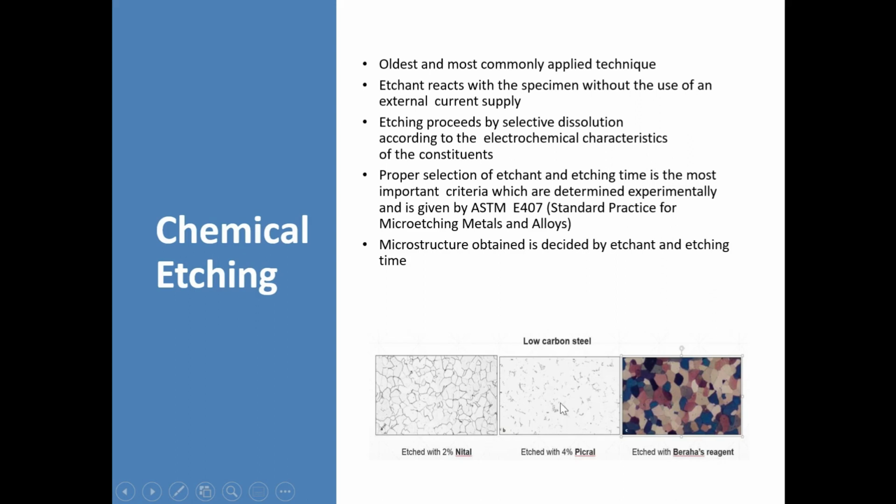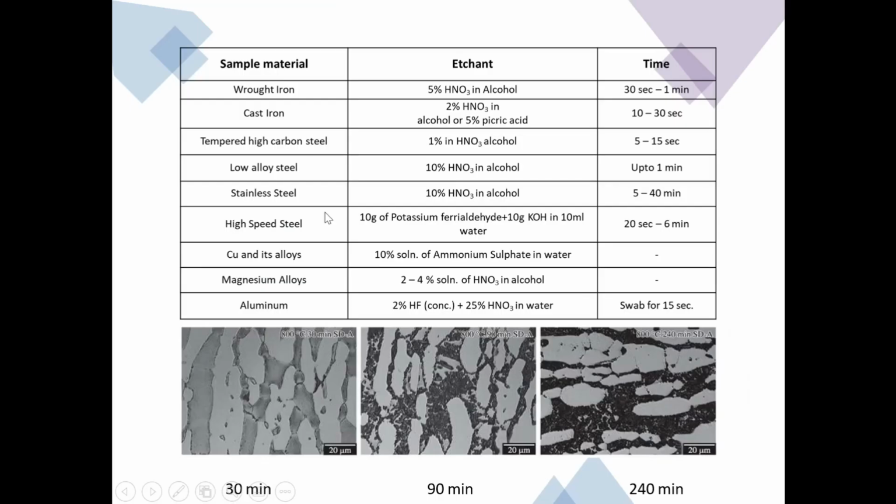If you observe the last diagram here, grains with different orientation are observed, and in the others a few grains are visible with grain boundaries. Although 2% nital is better than picral, different types of etchant for different materials can be used with etching time.